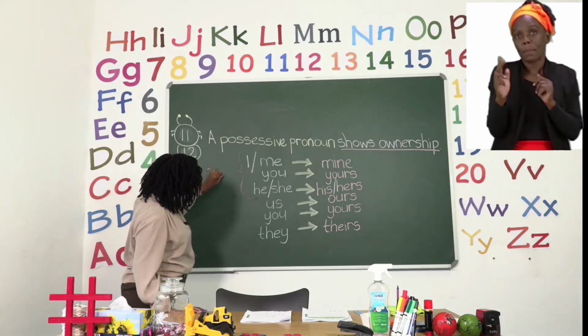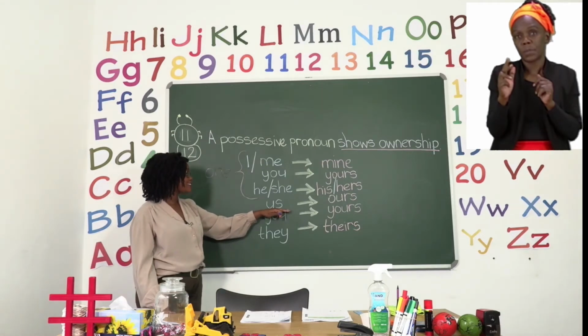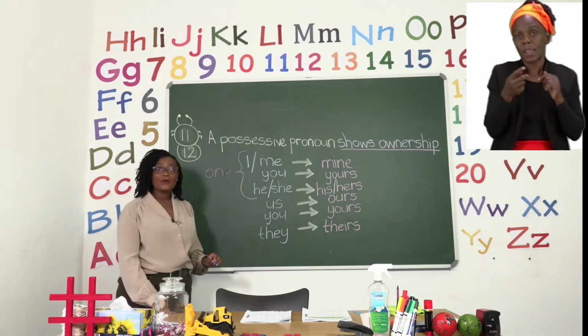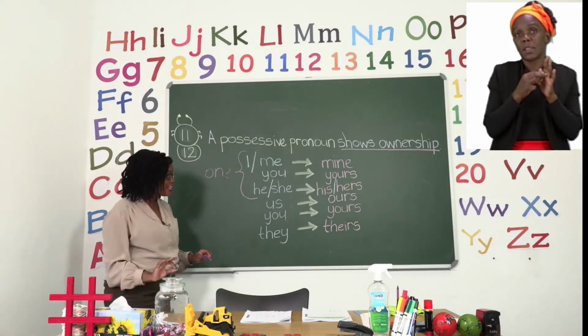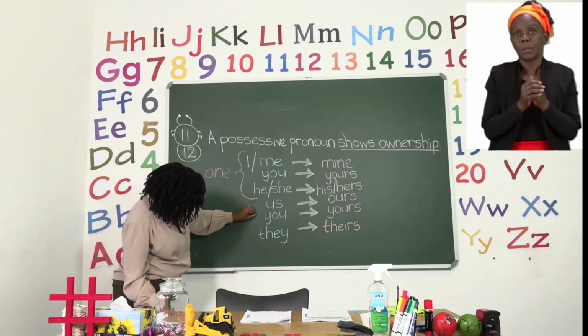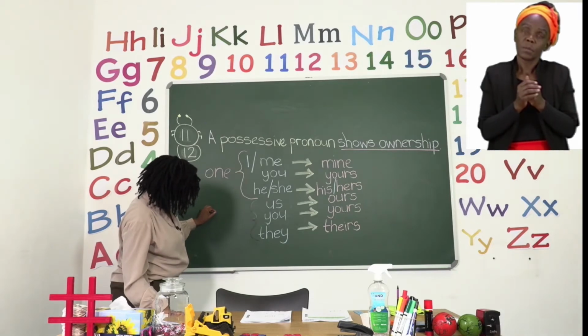And then if we go into the words like us, you, and they, we are showing that it is for many people. So we have one and then we have many.